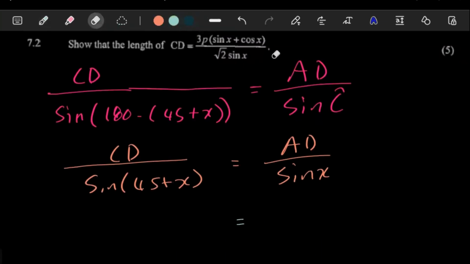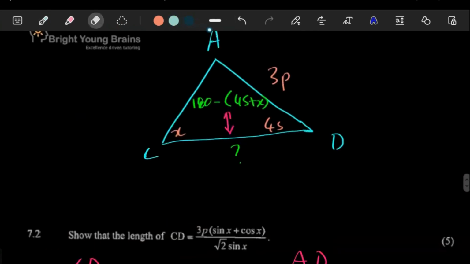But no, we have something for AD. It's just 3P.